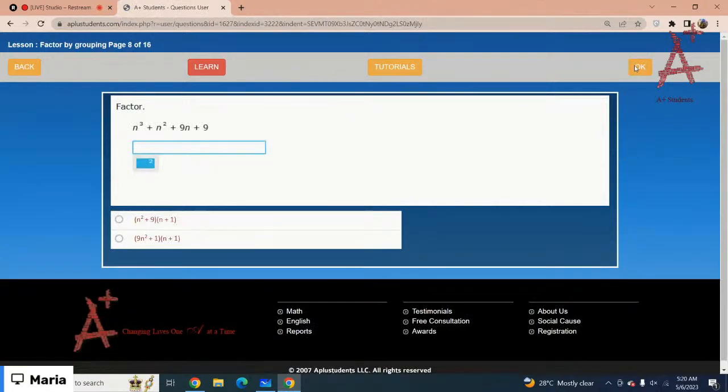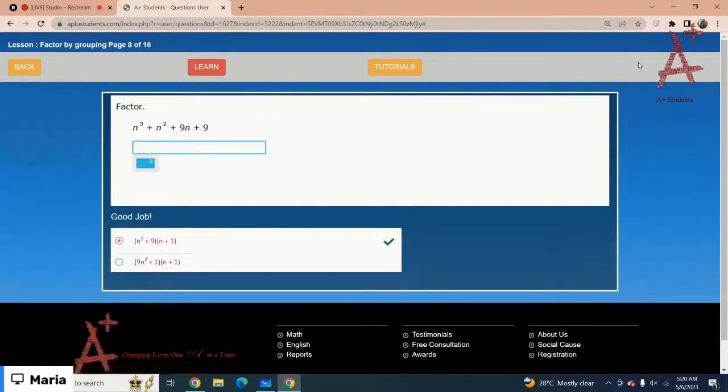Okay, n cubed plus n squared plus 9n plus 9. So which is the correct option? It would be n squared plus 9 times n plus 1. That is option number 1.